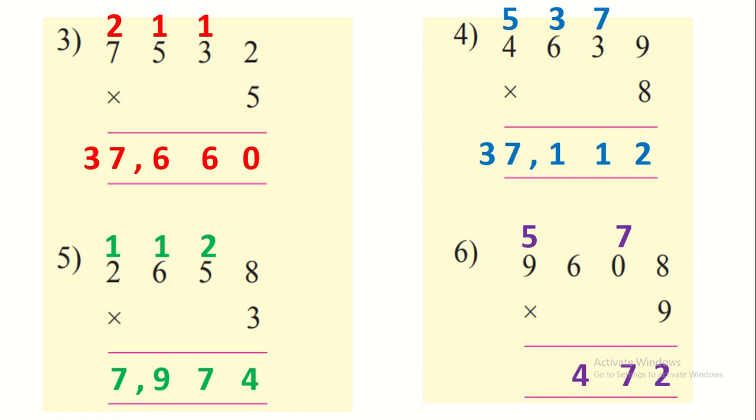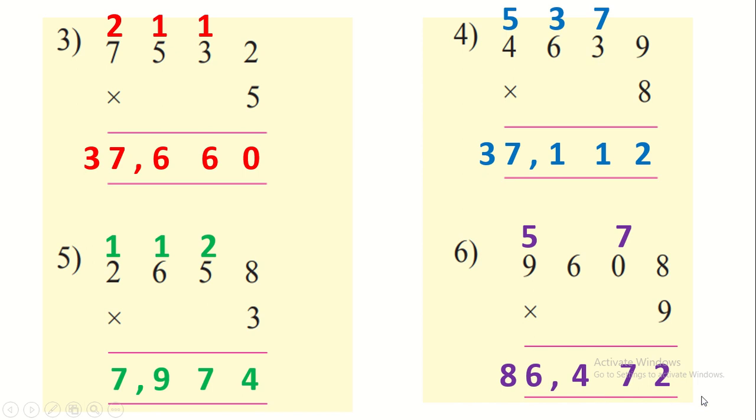Write 4 and then carry 5. 9 times 9 is 81. 81 plus 5 is 86. Now you have the answer 86,472.